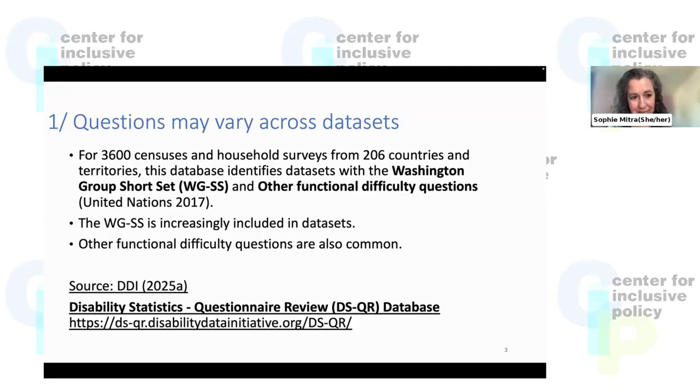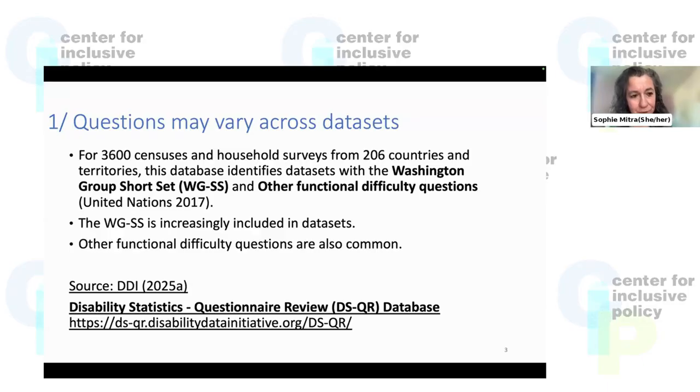These are questions that at least meet the recommended guidelines of the United Nations for disability questions in population and housing censuses. So why focus on functional difficulty questions? Our focus is because they are considered to be internationally comparable, especially the Washington Group short set that was tested in many different contexts around the world. We are interested in finding such questions so they can be used for disability disaggregation across countries.